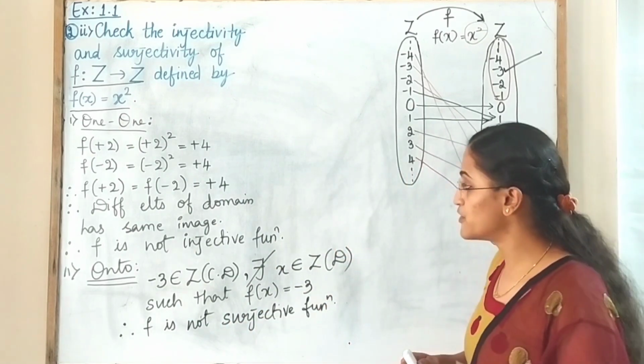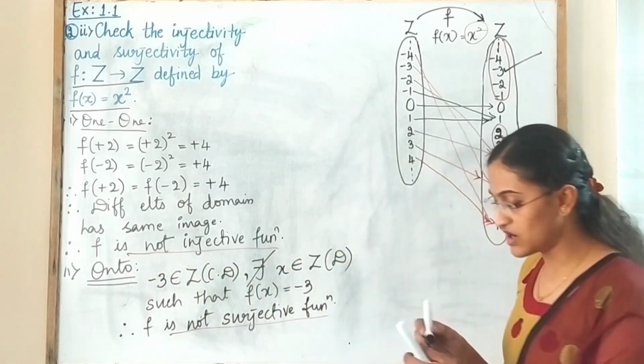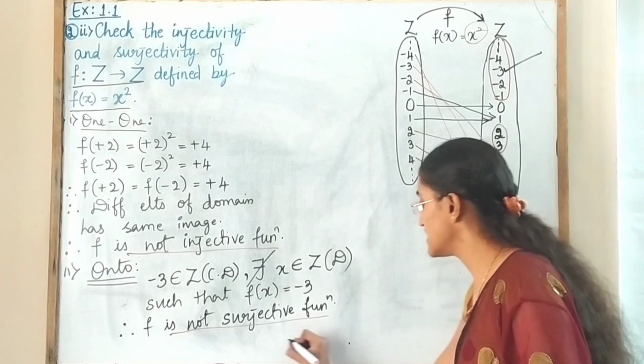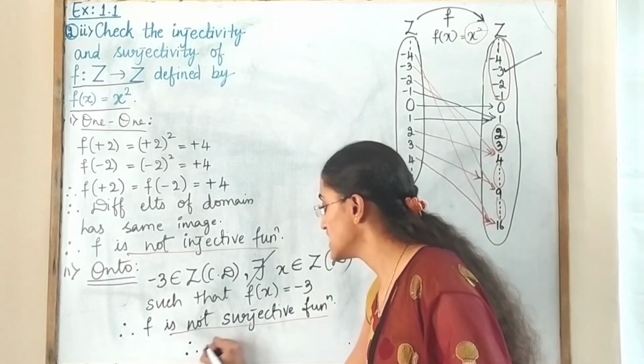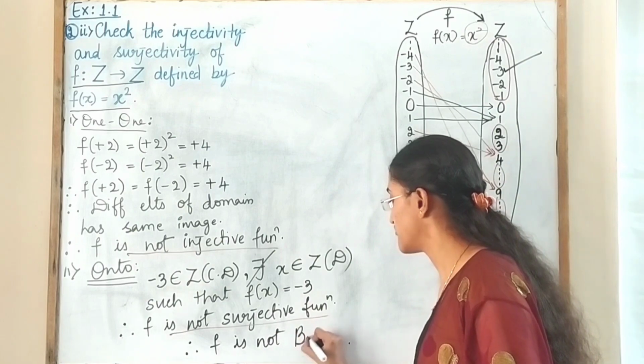Hence, now we have proved that f is not an injective function and f is not a surjective function, and this leads to the conclusion that f is not a bijective function.